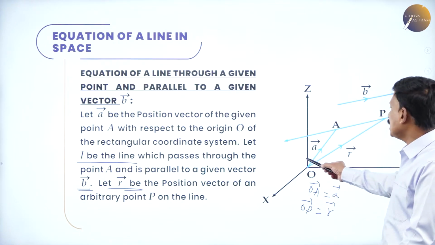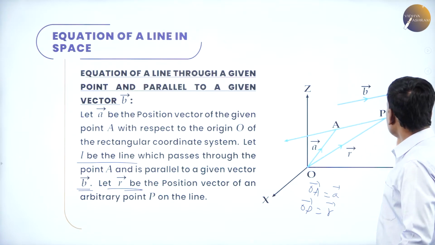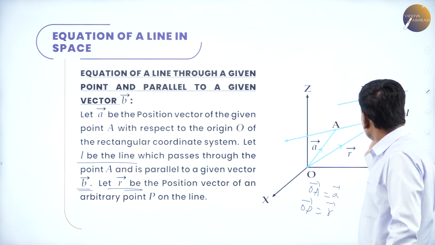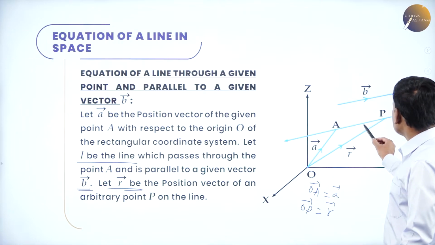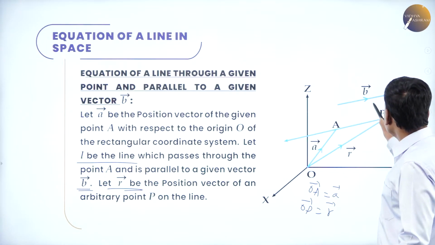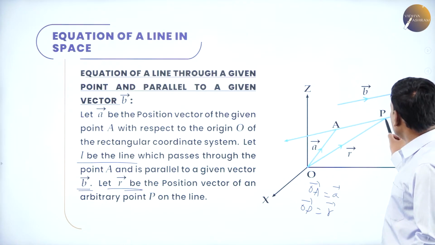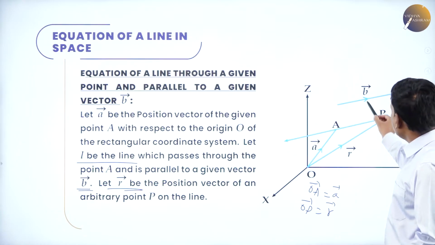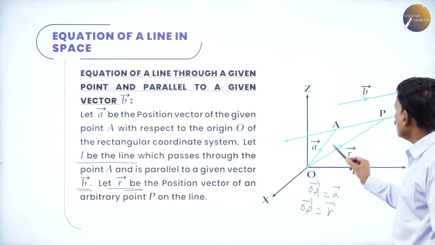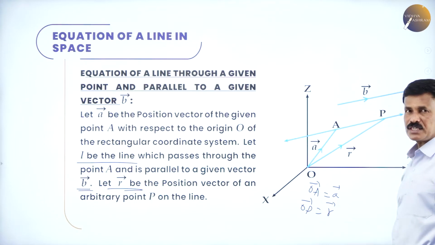Let the line L pass through the point A. So AP is the line which passes through the point A and is parallel to the given vector b. That is what we want to determine: the equation of a line passing through a point and parallel to the given vector.